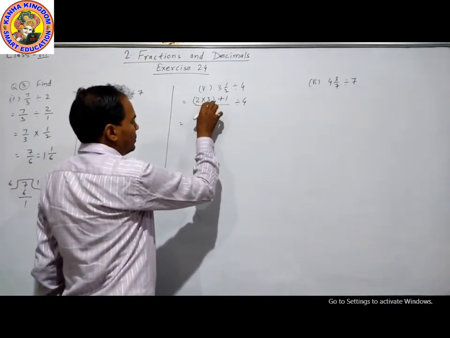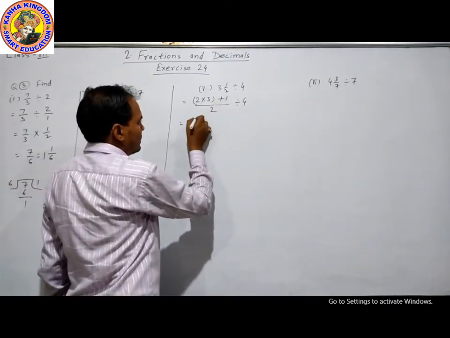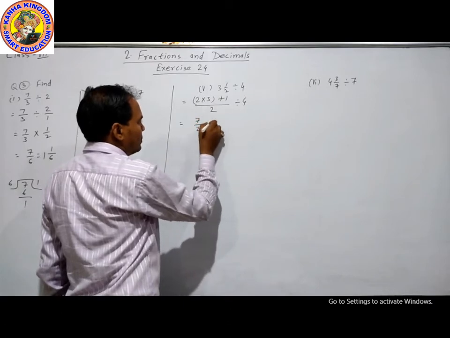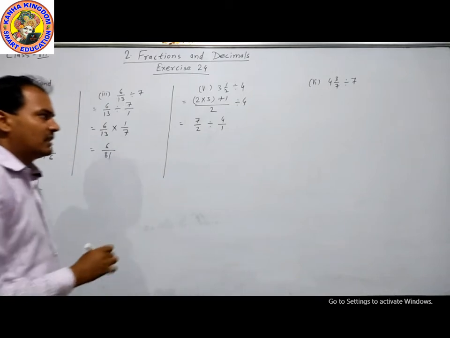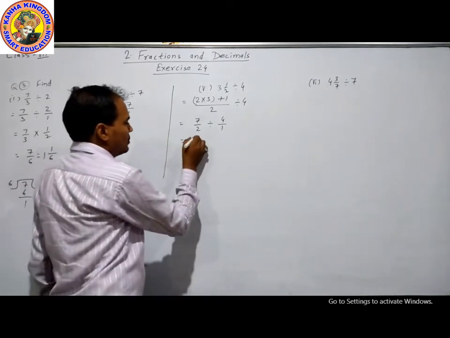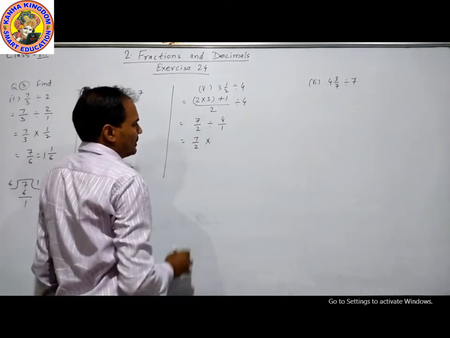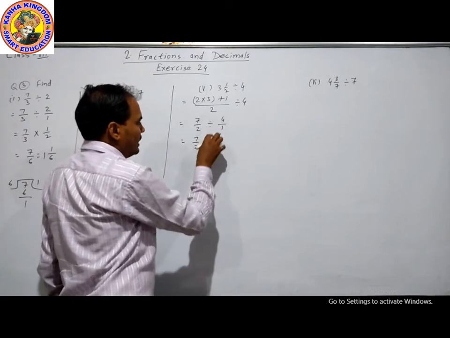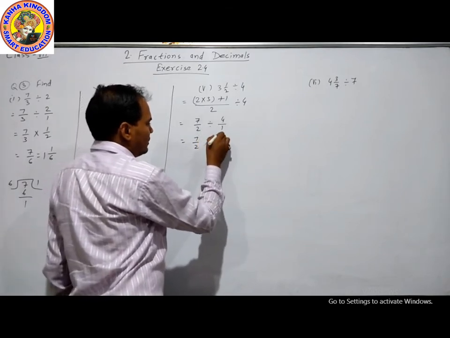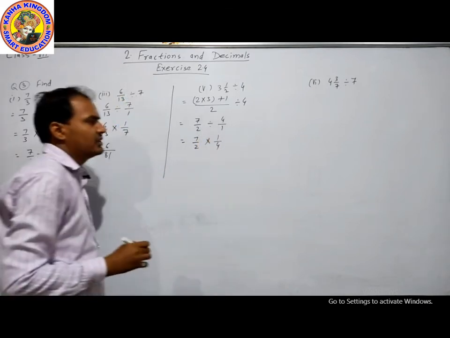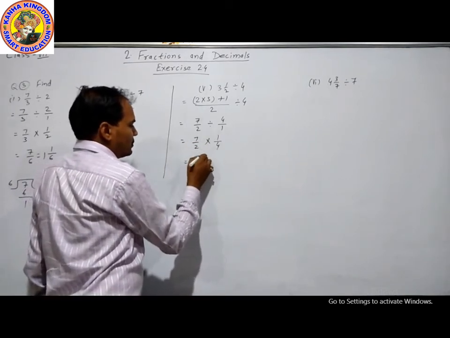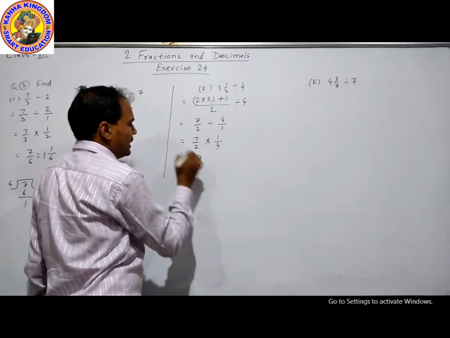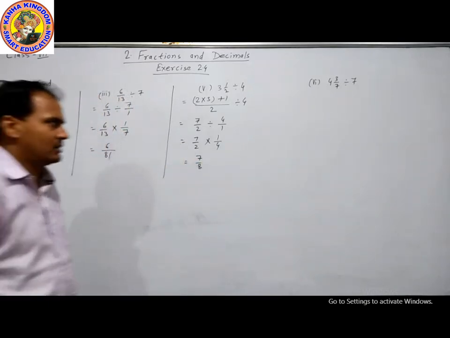So 2 into 3 is 6, plus 1 is 7, so 7 by 2 divided by 4, which can be written as 4 by 1. Now 7 by 2 will multiply, the divide changes into multiply, and the reciprocal of this is 1 by 4. 7 into 1 is 7, 2 into 4 is 8. This is our answer.